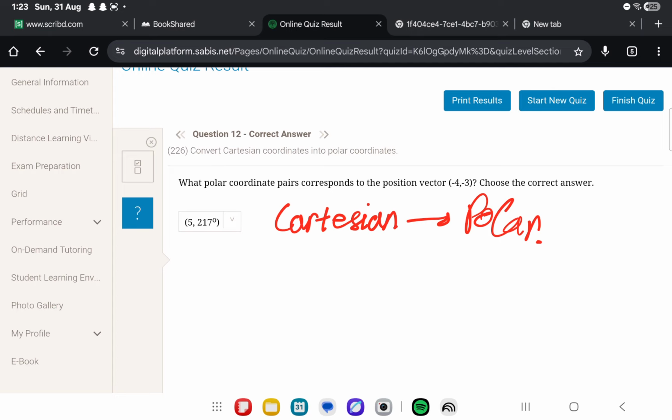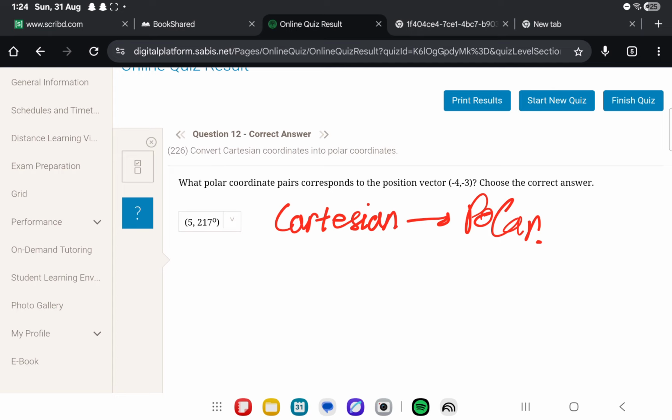So press shift, then the plus button. Or sorry, let me just figure this out. You're going to press shift then minus, not plus, which will give you REC. Now you're going to write the first coordinate, which in this case is -4. Shift, where's the comma? Shift and then the right bracket. Then you're going to write -3. Press enter. Wait, this is wrong. Whatever, it's supposed to work. I don't know why it's not working for me.